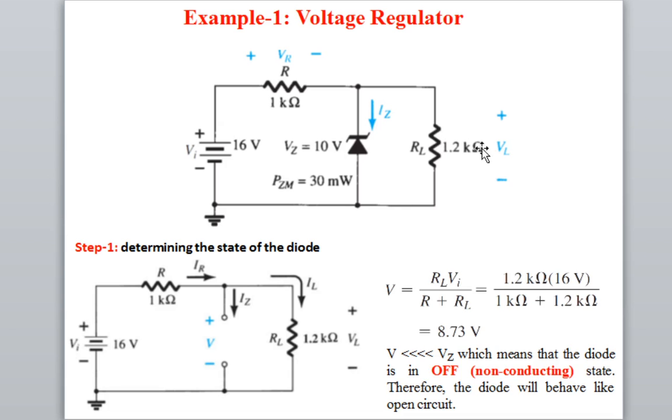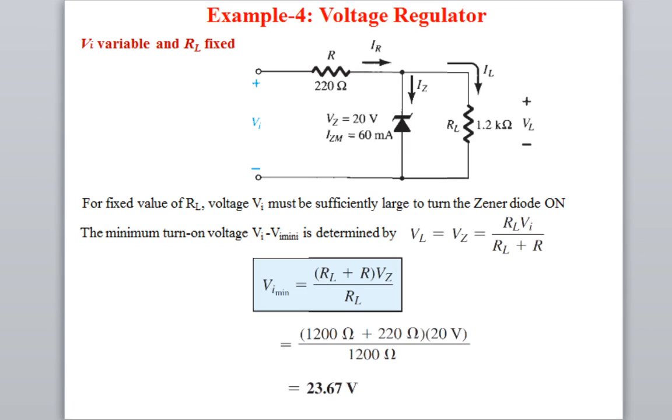Here the load resistance is 1.2, this is 10 volt, 30 milliwatt, 1 kilo ohm, and here it was 16 volt. But now in the fourth example this is variable, so it will not be considered. The input voltage will be unknown.